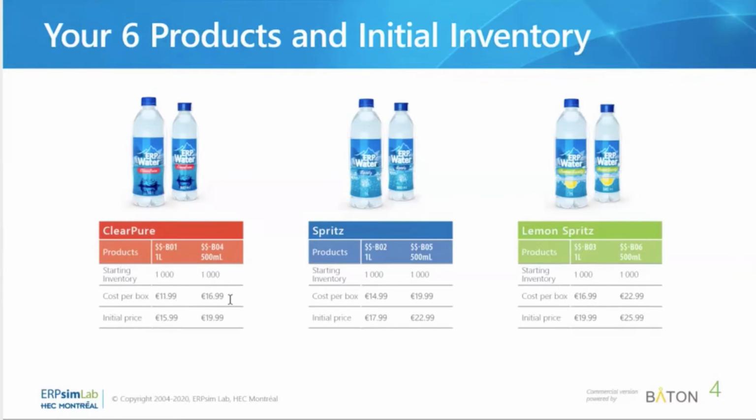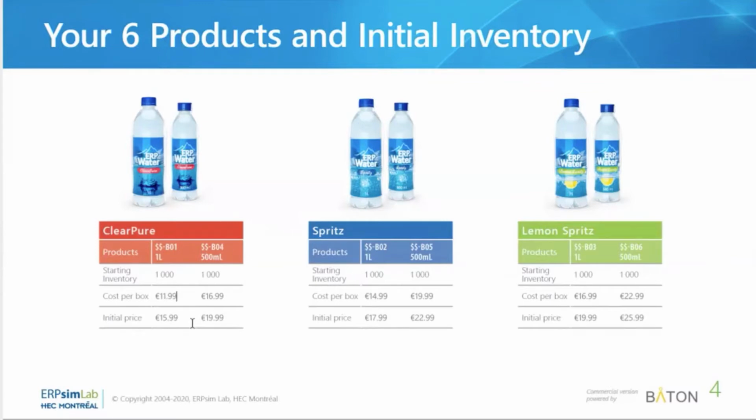So 17 euros. And the initial price that is given to you is 16 euros for the first one, and then 20 euros for the second one. And one of your jobs is to determine the price. So you can decide to sell it higher than 15.99 euros.